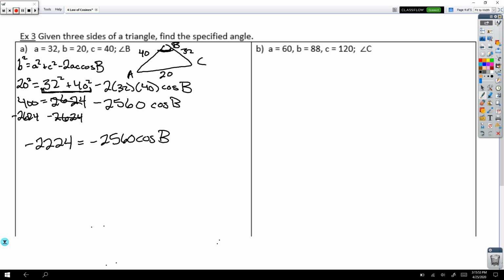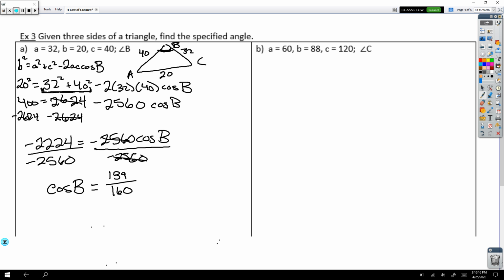Now, to get cosine by itself, I'm going to divide that number in front to the other side. So we would have the cosine of B equaling, typing that in the calculator, that does simplify if you want to, just to make the fraction a little bit easier to write, 139 over 160.